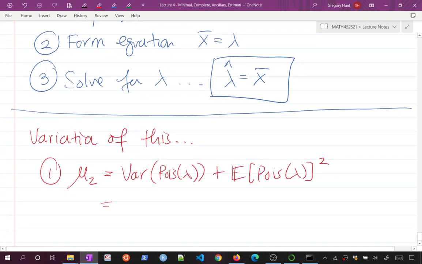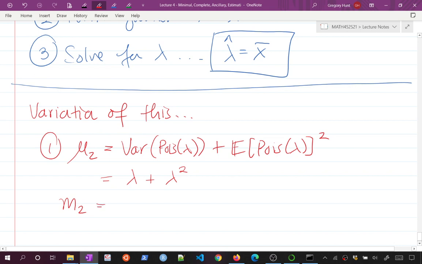There's no law that says I can't do that. There are reasons that we'll talk about later in the course why it's not going to be as good an estimate. But I could. The variance of a Poisson is lambda, and the expected value of a Poisson is lambda, and so lambda plus lambda squared. And I could set that equal to my second sample moment, which is x squared bar.